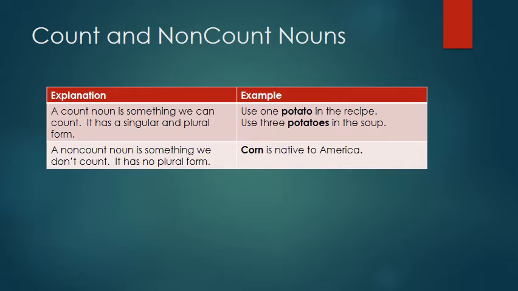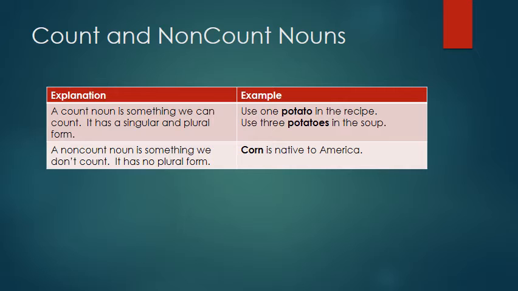Okay, the first thing I want to say is, why are we even talking about the difference between count and non-count nouns? The reason is the grammar that we can use with count nouns that we can't use with non-count nouns.